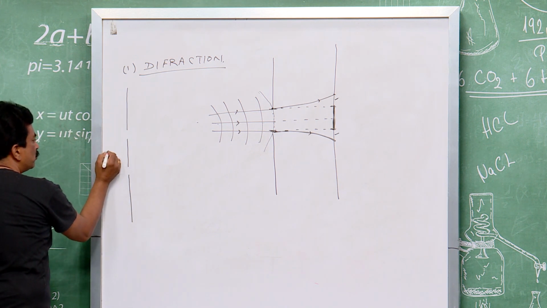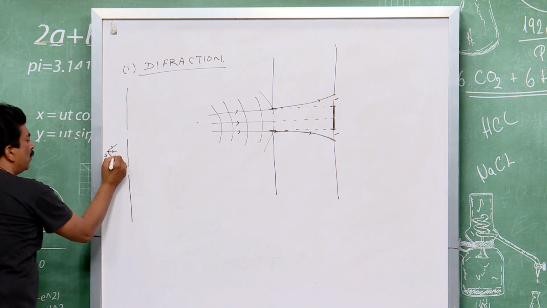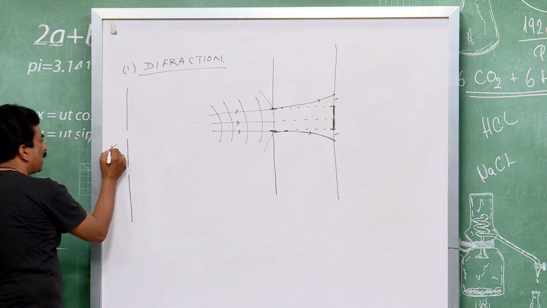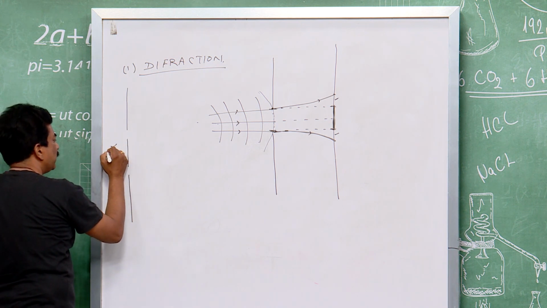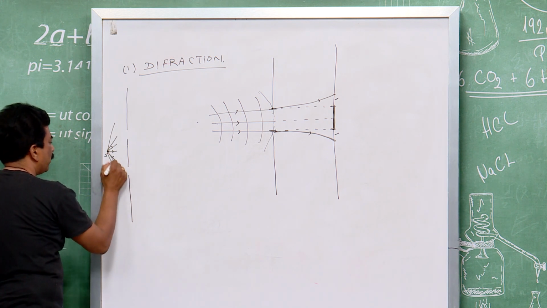Suppose this is the source S. From the source S, the light moves, and while that light is coming here, not only in this way, the lights will go likewise.